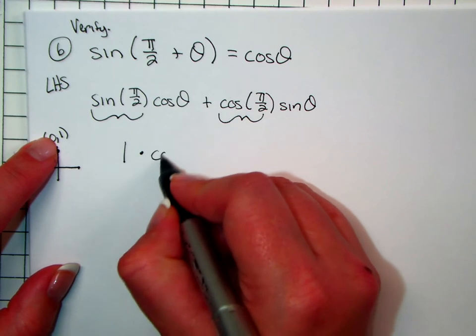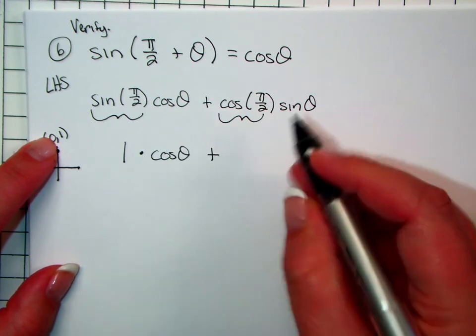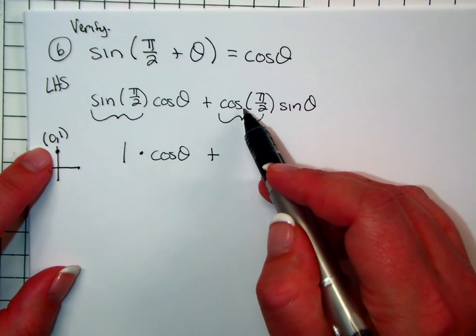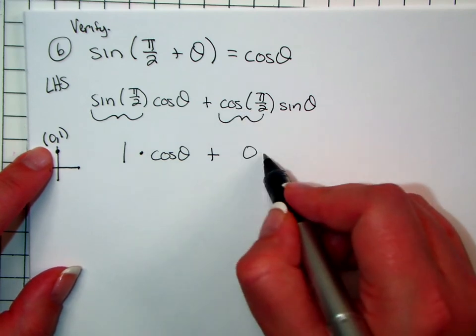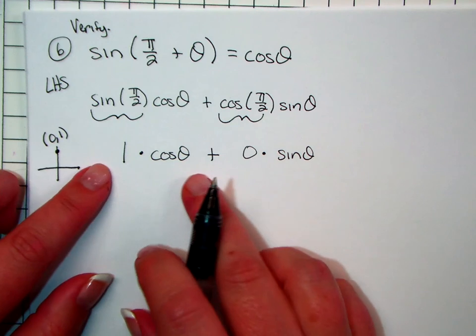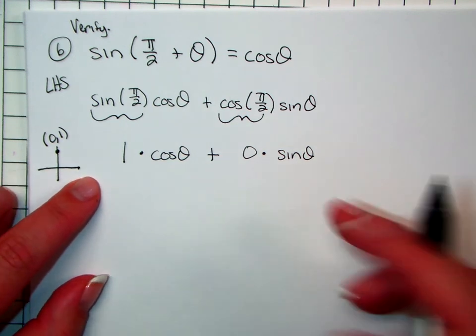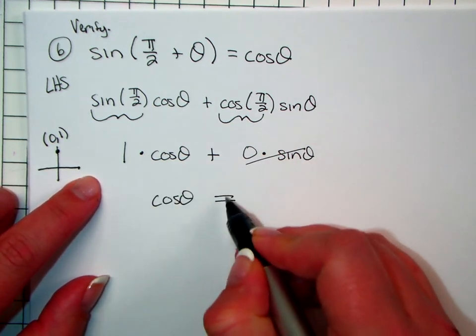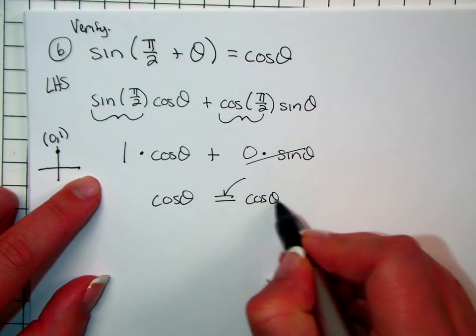That still gets multiplied times cosine theta. Plus cosine of pi over 2, the x-coordinate, which is 0, still multiplied times sine theta. So 1 times cos plus 0 times sine, this goes away, and we get cosine theta, which is exactly what we wanted to verify it equaled.